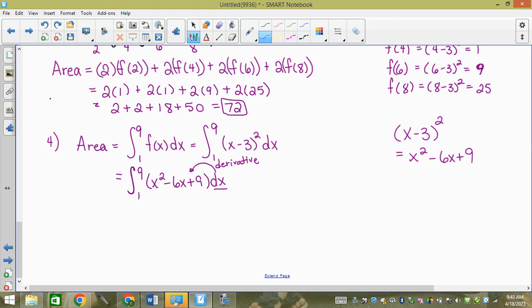Okay? So when we move forward with our derivatives, we get increasing, decreasing, maxes and mins, points of inflection. When we take a graph and find the antiderivative of it, it'll give us the area under the curve. So, what is the antiderivative of x squared?